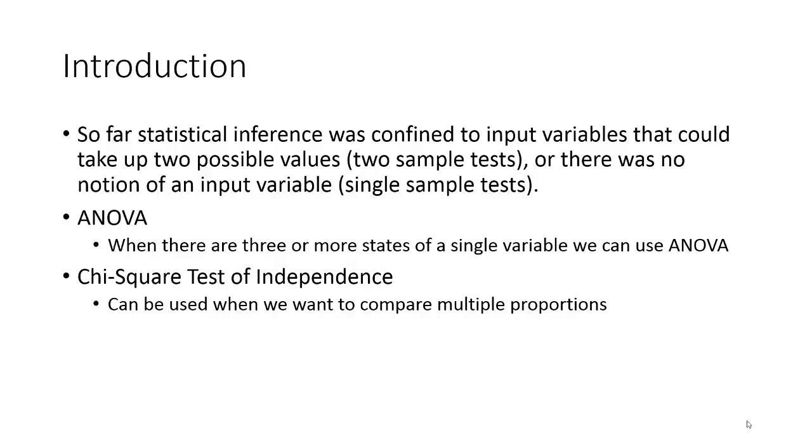A standard application of ANOVA is where you're still dealing with an output variable that's typically quantitative and continuous, like height, but your input variable need not have just two states, it can have three or more states, and you're still probably interested in comparing their averages.